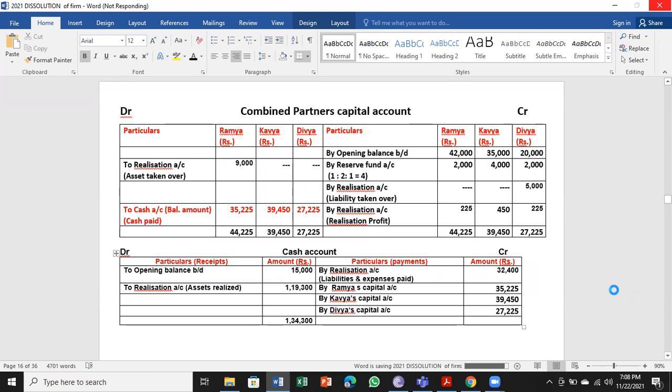You will come to know. So on the credit side also we are getting the same amount, 1,34,300. Yes, sir. If there are any doubts, you can ask me.